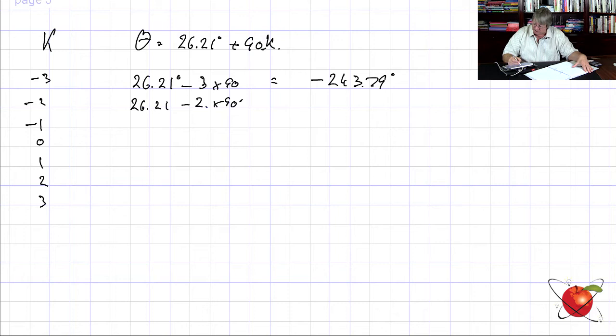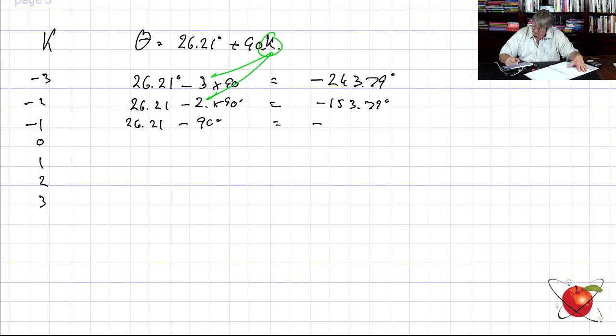Can you see I am inputting values of k? K is minus 3, minus 2 over there. And that gives me an answer of minus 153.79 degrees. This is 26.21 minus 90 degrees, which is minus 63.79.